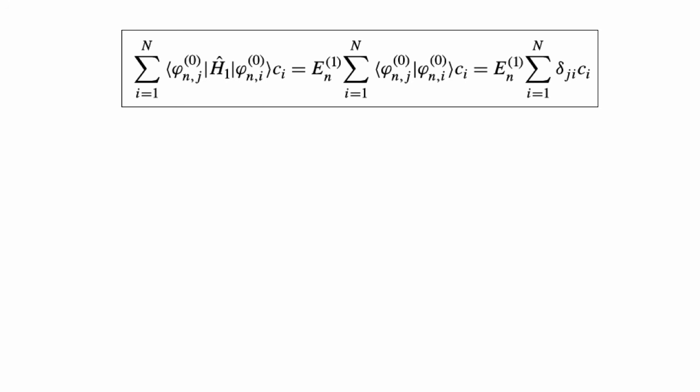And what we see really is, by now you should recognize something, I hope. You see, this is an eigenvalue problem. In fact, you can rewrite this in a matrix form, right? The left-hand side of this equation is simply saying that we have a matrix, the representation of H1 in the subspace of the energy En 0, times a vector of ci's, is equal on the right-hand side to a number En1 times the same vector.